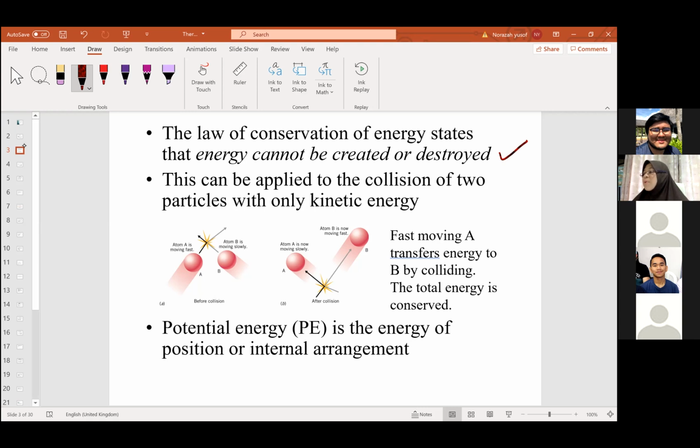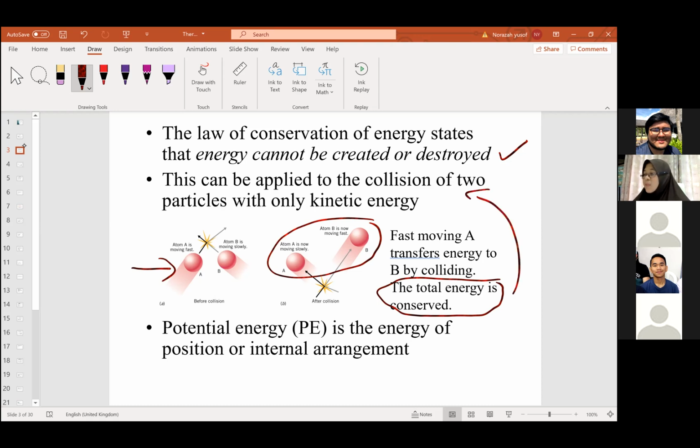You can see that this is an example of the transfer of energy, where the energy is not lost but is transferred into another entity, in this case atoms A and B. This is related to the first law of thermodynamics.